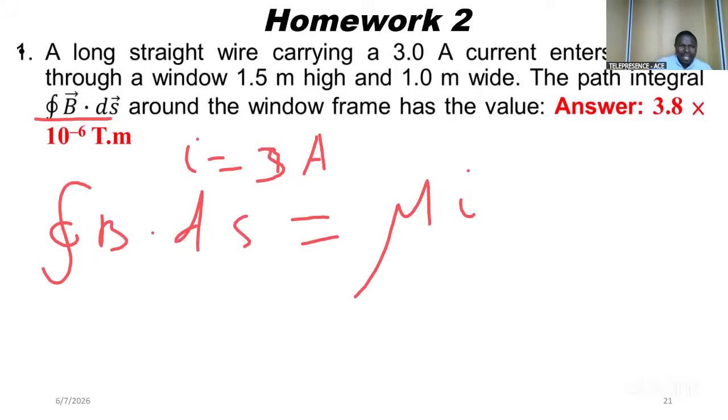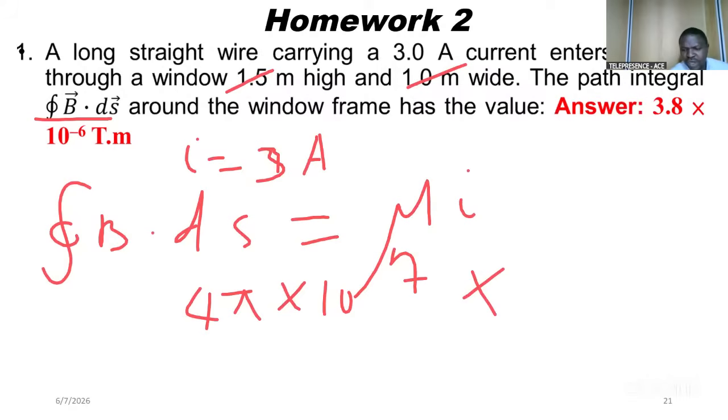But they say find the integral of this one around the window, that's outside the window. So all this one, you don't need. What you need is just 4 pi times 10 to the power minus 7 times the current, 3 ampere. So what you get is going to be 3.8 times 10 to the power minus 6.